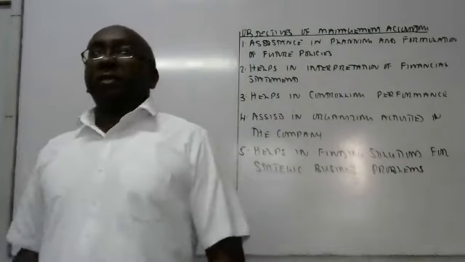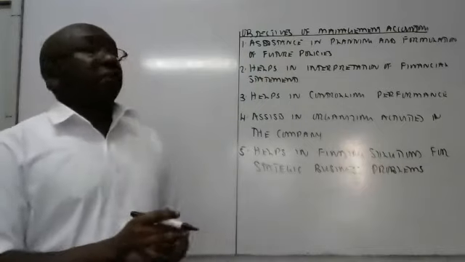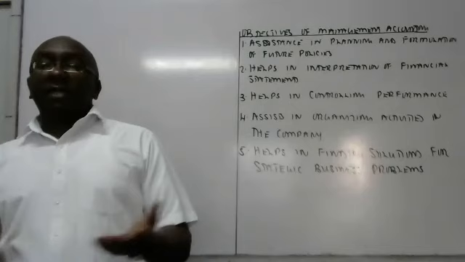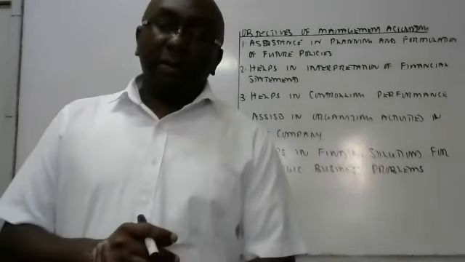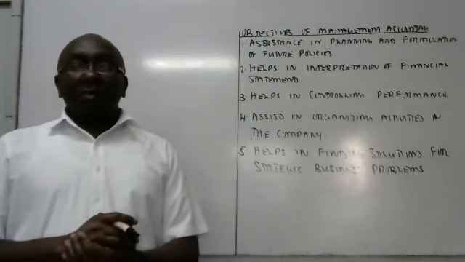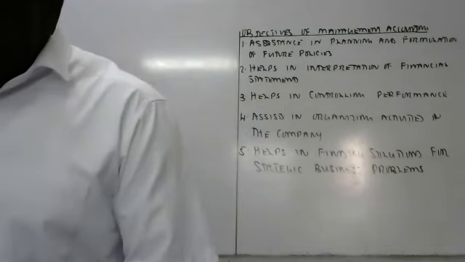Do we drop this? Or do we retain? That's a business problem. Management accounting helps us to know whether we should drop or retain. When we have scarce resources, it helps us in making what we call product mix decisions. We are able to know which product and how many units we can produce.